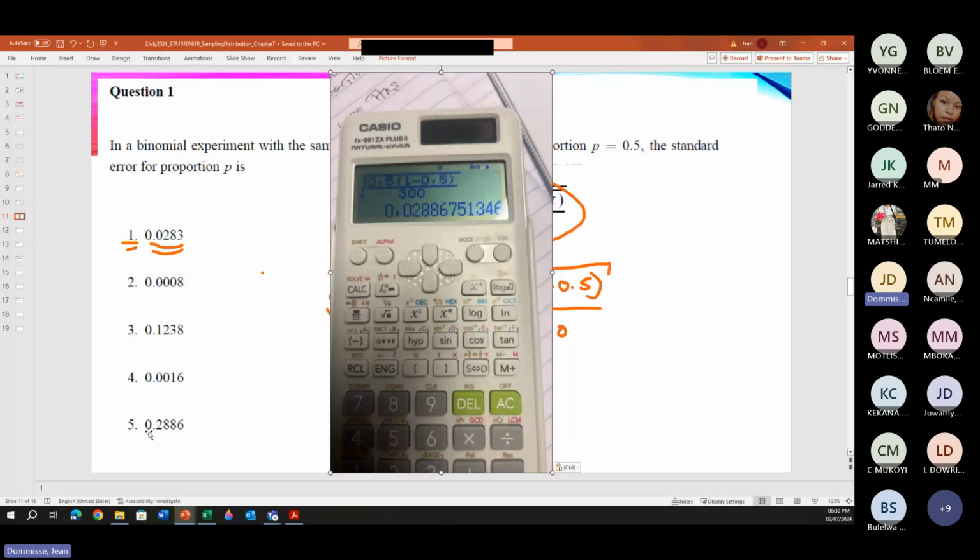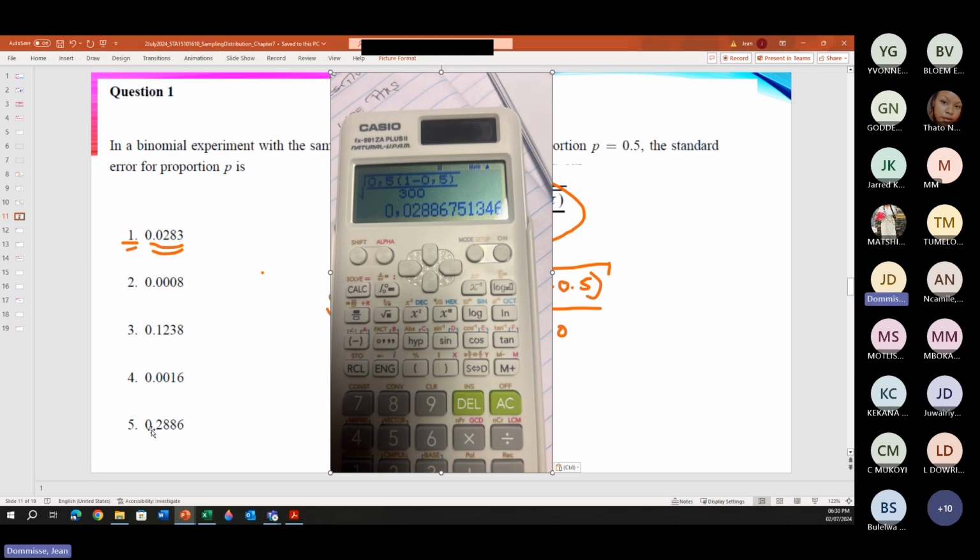Look at option 5 and how they want to catch you out. There's a 0 missing. Very easily you saw 2886, 2886. But look at where your comma is and where that comma is.